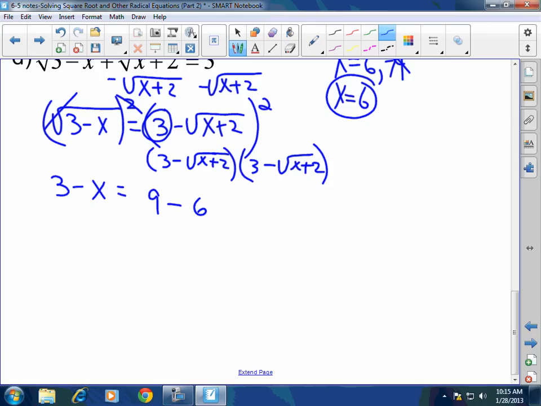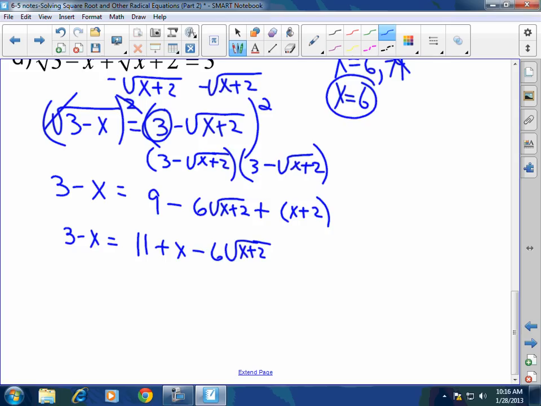So 2 times 3 times square root of x plus 2, plus the second term, which is x plus 2 squared, which comes out to be x plus 2. Let's do some simplifying. 3 minus x equals, you got a 2 and a 9, so that's 11, plus an x minus 6 radical x plus 2.